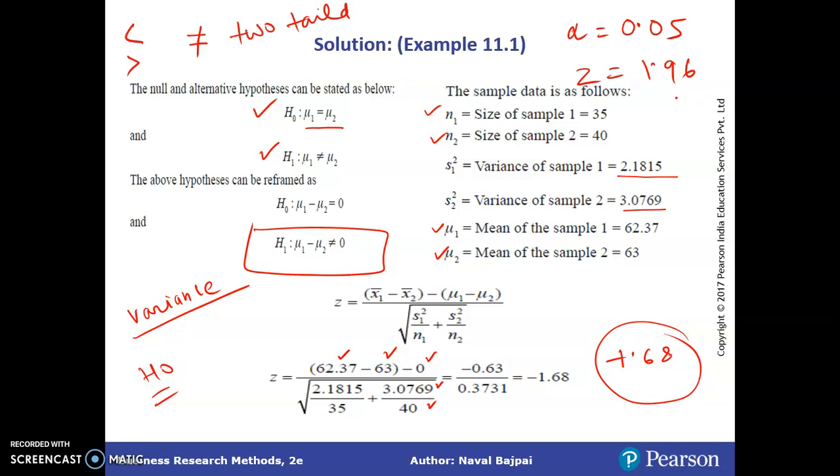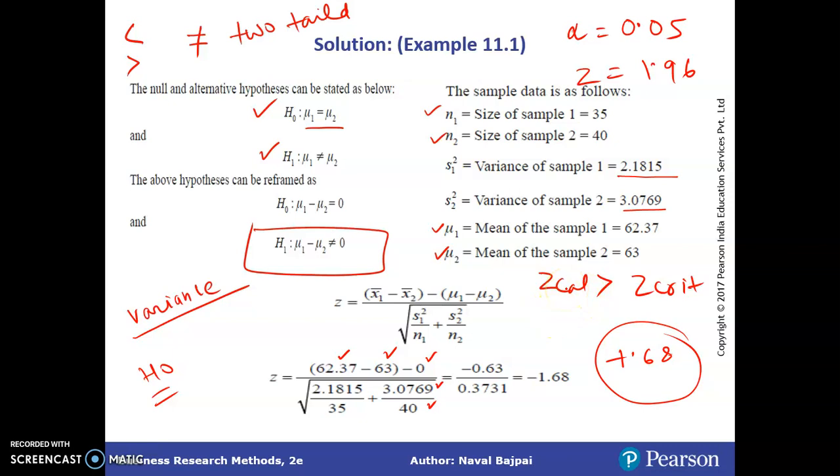We compare the calculated Z value with the critical Z value, and if it is greater than the Z critical, we reject the null hypothesis. In the present case, the calculated Z value is of course not greater than the critical Z value. It's just the opposite. So we cannot reject the null hypothesis.